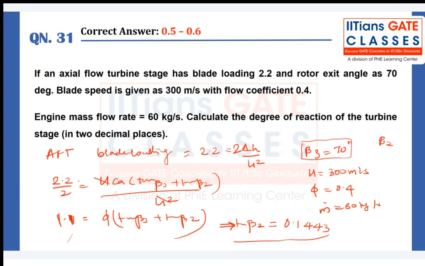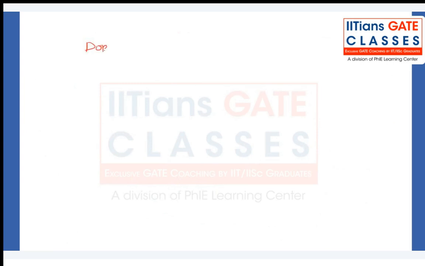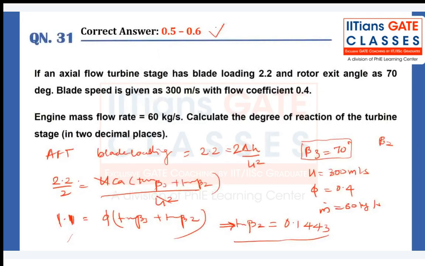So using the degree of reaction DOR formula, phi by 2 times tan beta 3 minus tan beta 2, you will obtain an answer of 0.548 for DOR. So that comes within the answer key range. So here the only miss was the definition of blade loading. They should have provided it in the question itself. You assume it to be twice that of stage loading.